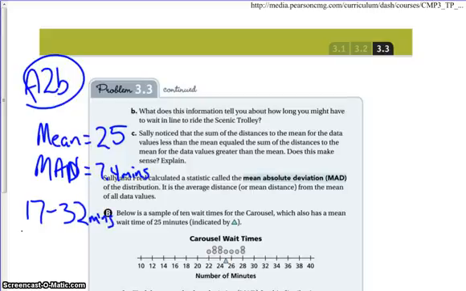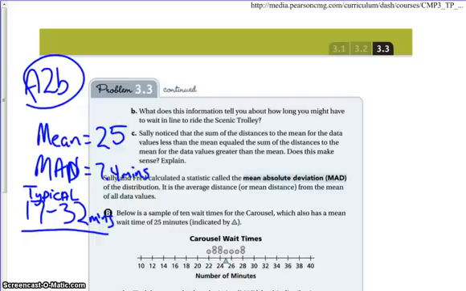Okay, that is what's typical. When I use the word typical, that is a very long range. Even though the average is 25 minutes, typically you are going to wait somewhere between 17 and 32 minutes, that is not a very close distribution.